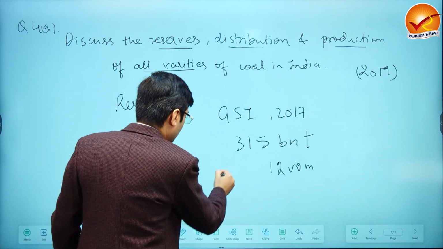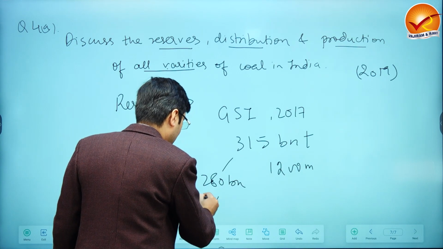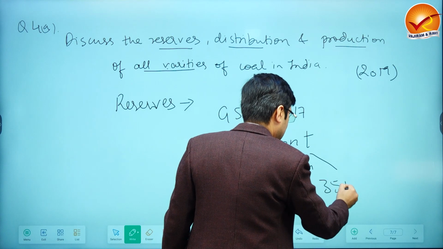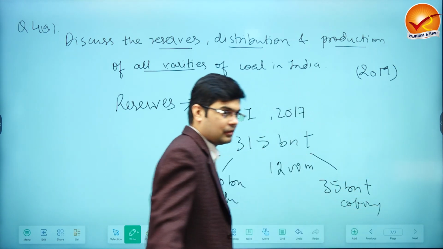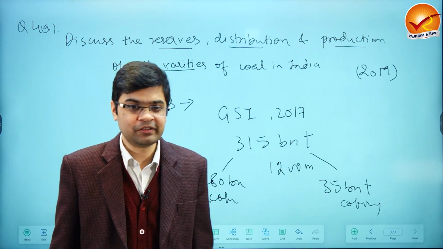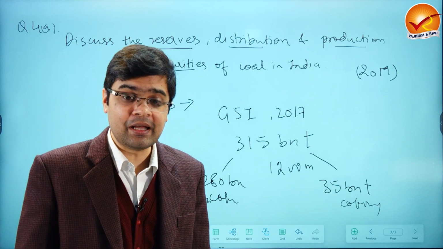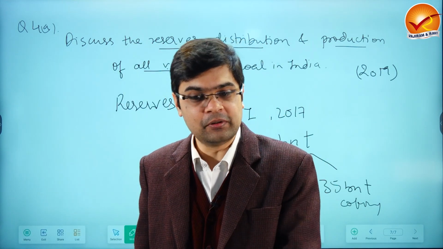Out of which 280 billion tons is the non-coking coal, 35 billion tons is the coking coal deposit. If you can recall this, we've also written that India is having 4th largest reserves of coal in the world.